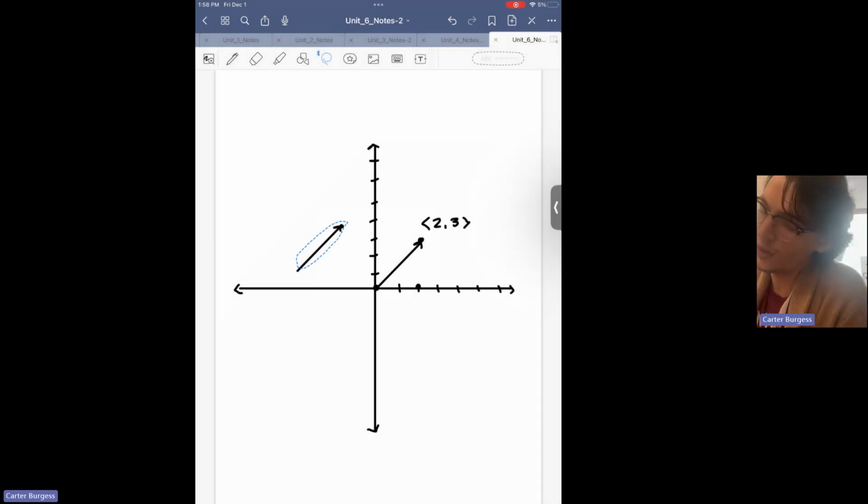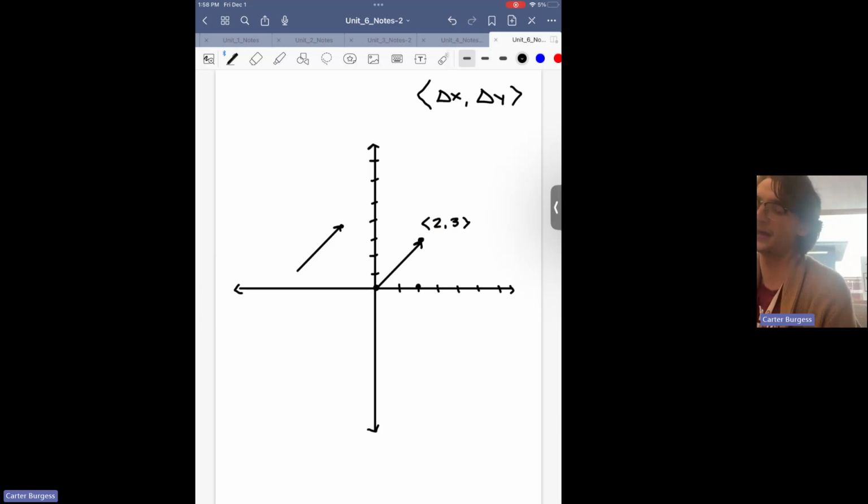The way that we can think about component form is as some kind of change in x, my x movement, and some kind of change in y, my y movement. That's a pretty good way to think about this. It's like some kind of change in x, some kind of change in y. We definitely could put an equation to this, but I think just looking at these and saying, okay, what is it going to be, is fairly straightforward.